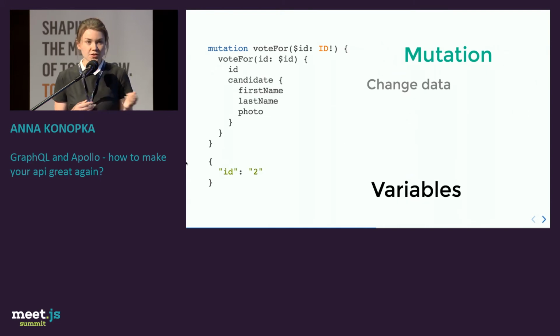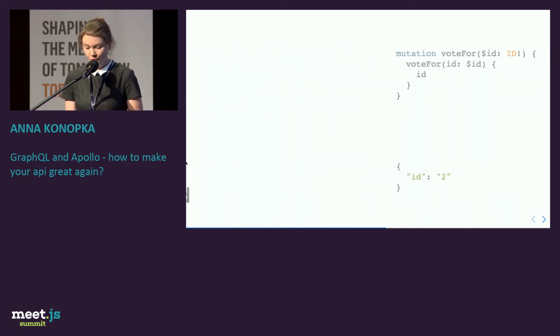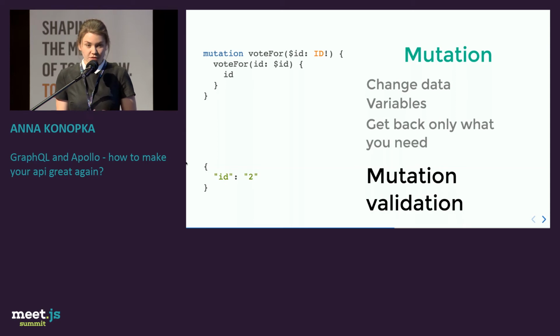And the thing that is important here when we are talking about mutations is the fact that we can use variables, because when we have some dynamic arguments that we are passing to our mutations, we should be able to do so. Of course, we also have this feature that we define what we would like to get back in our response, and we can also get only the ID or any other field if we would like to. And mutations are also validated.